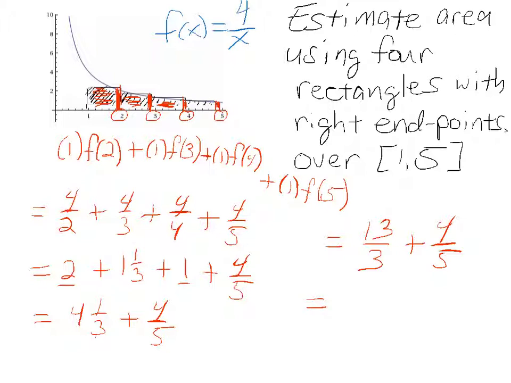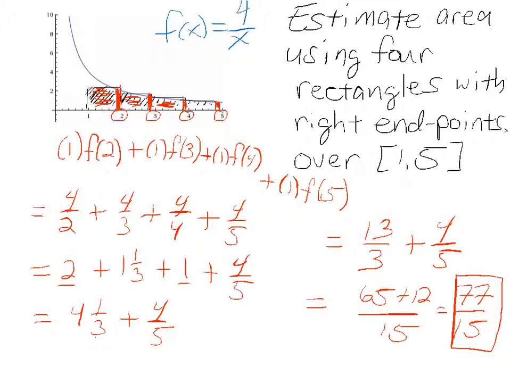And if you work out the fraction arithmetic here, 15 is your least common denominator. So we have 65 plus 12 is equal to 77 over 15. And that is the approximate area under the curve of this function.